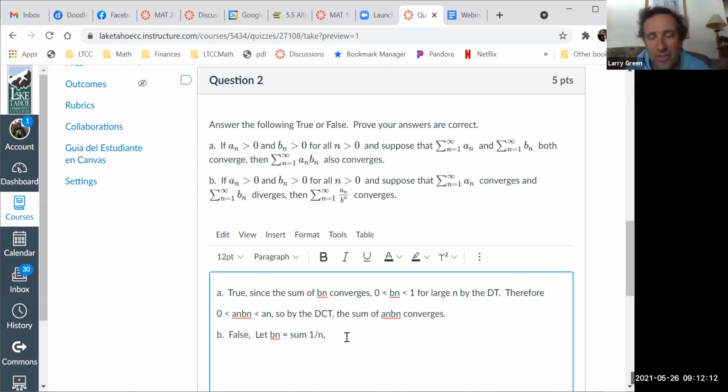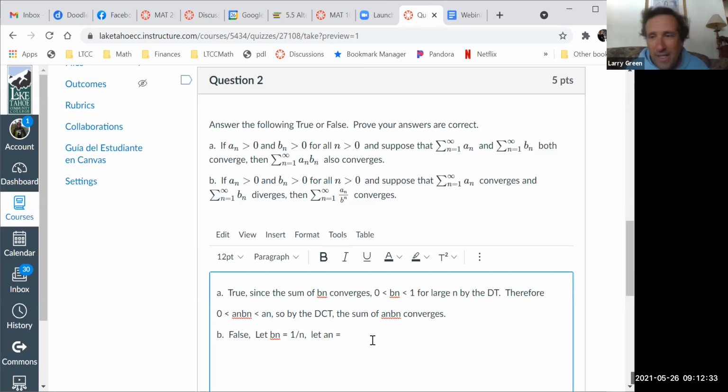So I'm going to choose the easiest polynomial that we know converges. What's the easiest one? Oh, sorry, Bn is not the sum. Bn is just 1 over n.